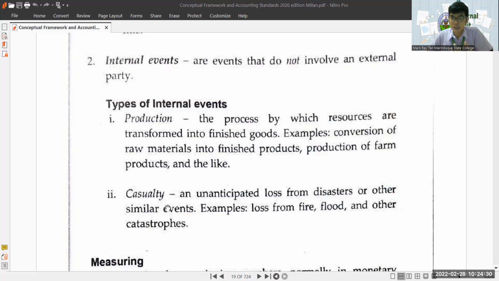Casualty, it involves any department na nagkaroon ng loss due to catastrophes. Example dito ng mga internal events, conversion of raw materials into finished product. So this is an economic event na nangyari siya sa loob ng business, sa loob ng entity. Walang kasaling external parties. Okay?